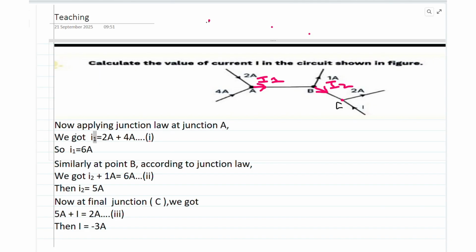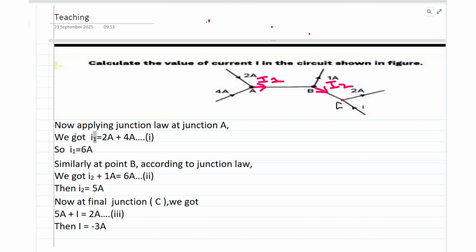Similarly, at point B, according to the junction law, we can write I2 plus I1 equals 6 ampere, because 6 ampere is reaching junction B, whereas I2 and I1 are leaving it.